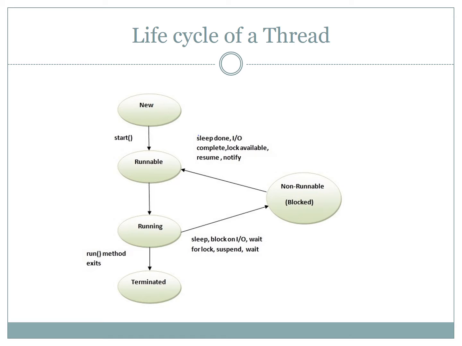You will better understand the life cycle of a thread by this figure. There are 5 circles which show the states of the life cycle of the thread, and arrows show the execution of the thread from one state to another. The first is the new state. When any thread is created, it goes into the new state, and after creation it goes into the runnable state when the start method is executed.